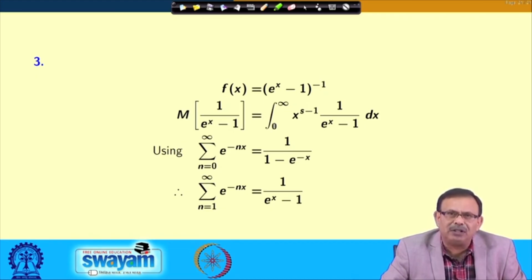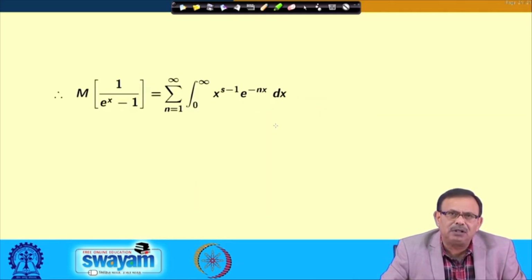This one will be cancelled over there. So, summation n equals 1 to infinity e power minus n x is equal to 1 by e power x minus 1, simply by adding 1 on this side and subtracting, I will obtain this. So, once I get 1 by e power x minus 1 as summation n equals 1 to infinity e power minus n x, I can replace 1 by e power x minus 1 by this series.